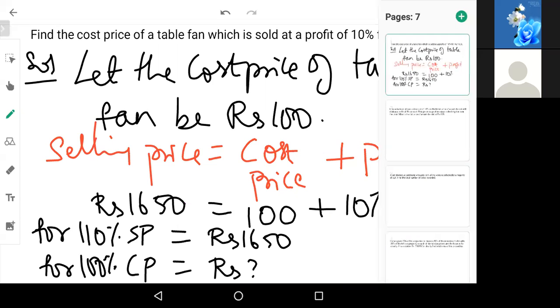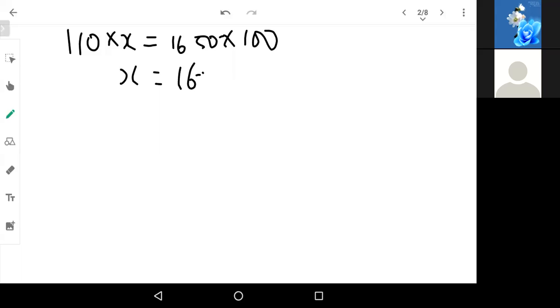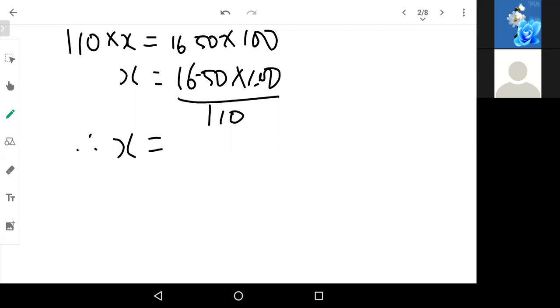So let us do our math. 110 into x is equal to 1650 into 100. So x is equal to 1650 into 100 divided by 110. So therefore x is equal to 1500 rupees.